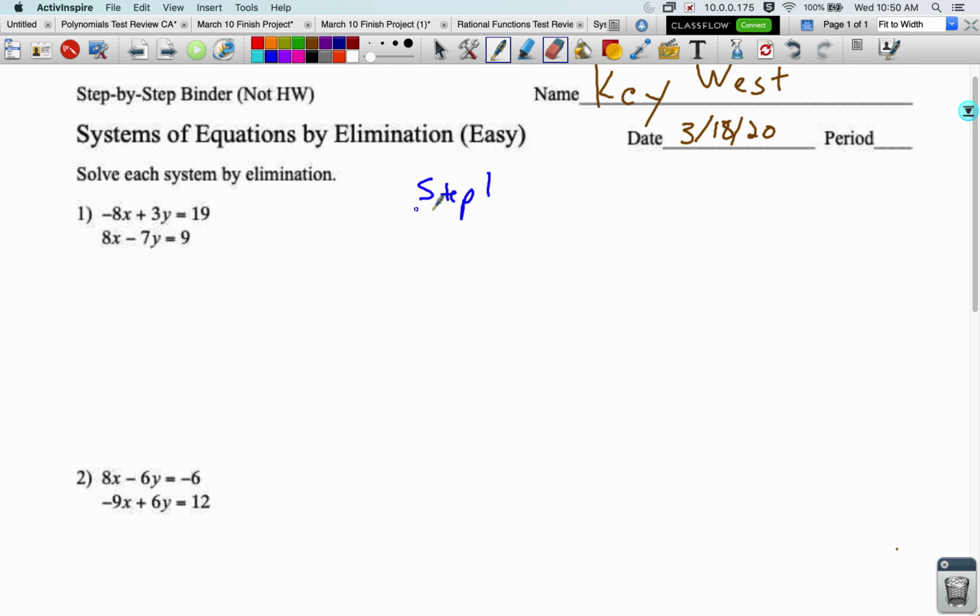Step one. All right, so in step one, we want to look for a zero pair. What is a zero pair?